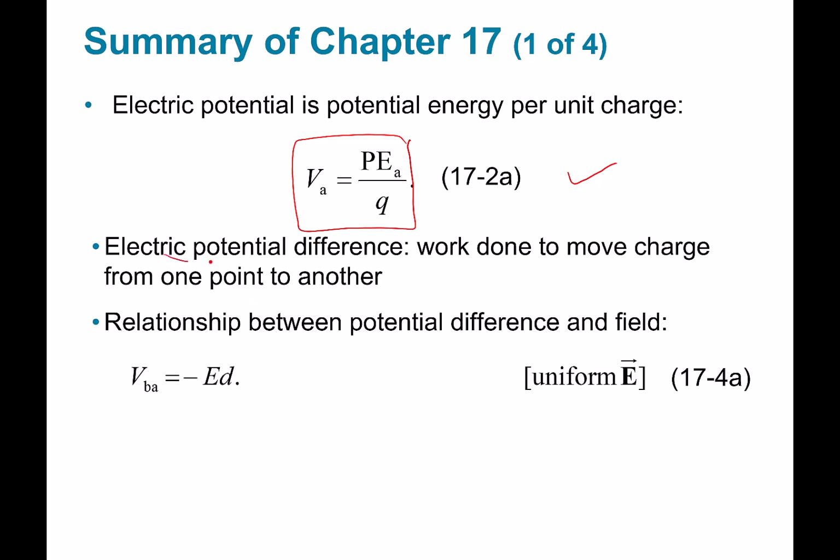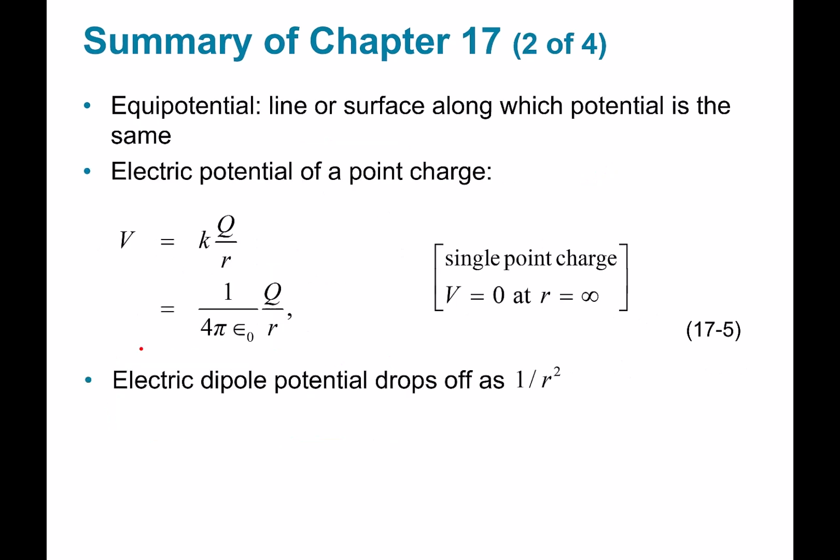Then the electrical potential difference, sometimes written as the change in electrical potential, is minus E dot d. Then we worked on electrical potential, equipotential lines and electric field. An equipotential line is perpendicular to the electric field line.